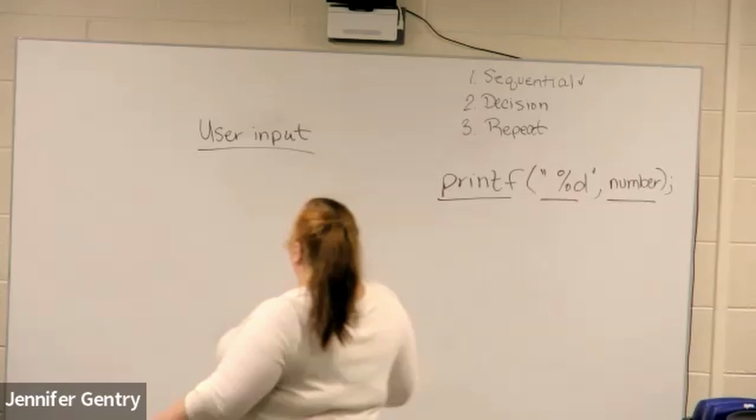Now, what if I want to repeat? There are 3 ways to repeat. So the first way to repeat, I'll put it over here. I know my number of times I want to do it. I want to do this 4 times. I want to do this 6 times. I want to do this 8 times. Does that make sense? I know how many times I want to do it.